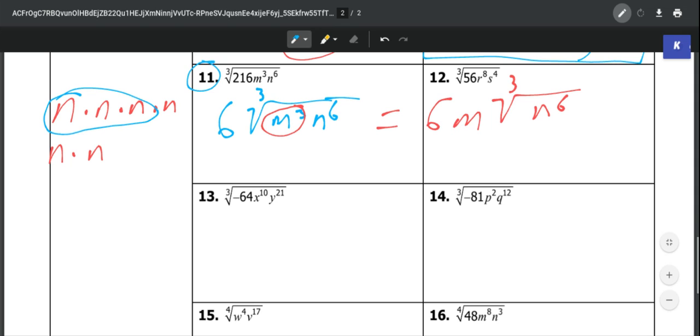So we've got one group of 3 in n to the 6th, and we also have another group of 3 within n to the 6th. So that means that we can take out n squared. So our final answer would be 6m n squared.